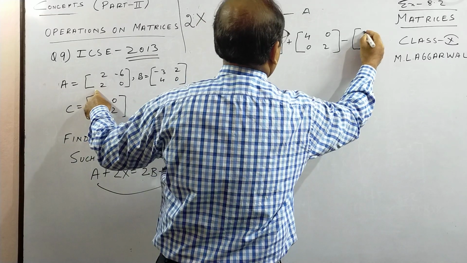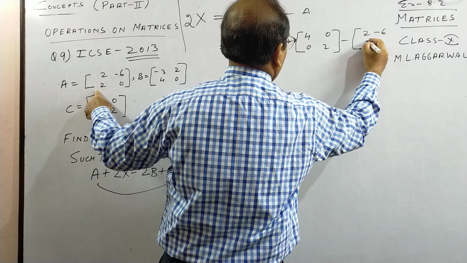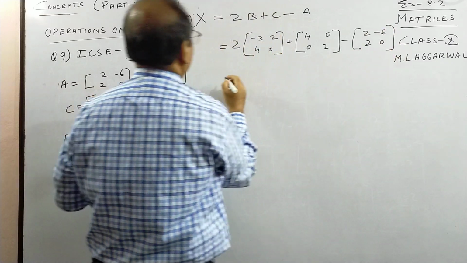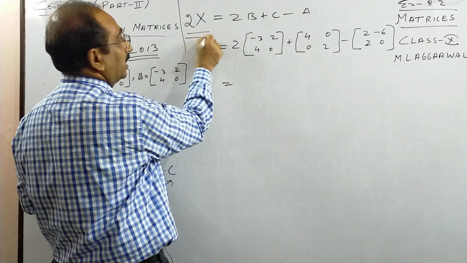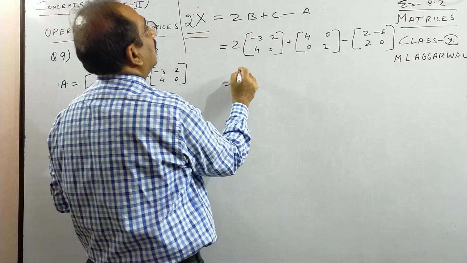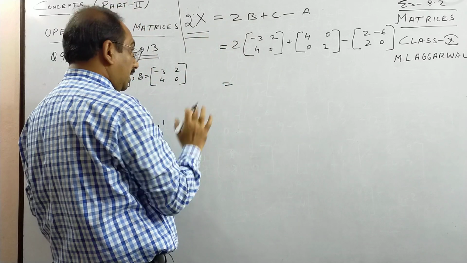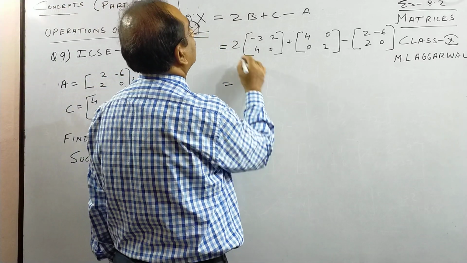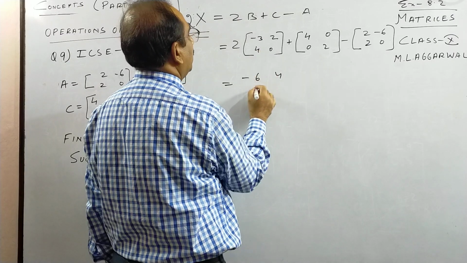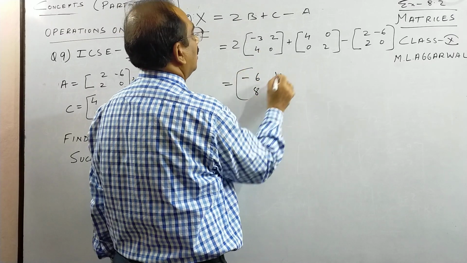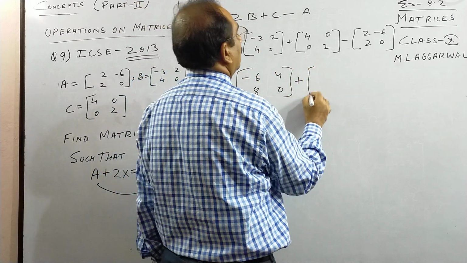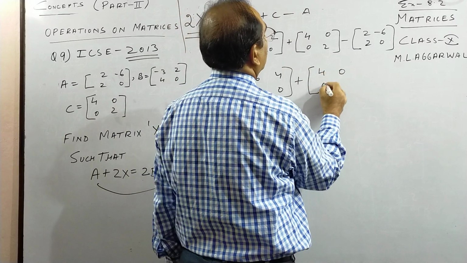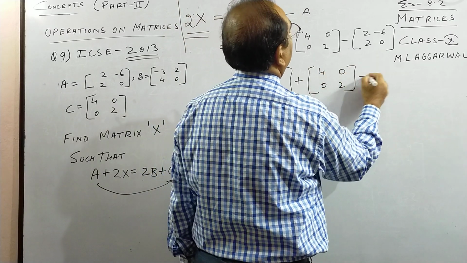So A is 2, minus 6, 2, 0. Remember this is 2x, children, not x. Twice the matrix x, x is a matrix. So minus 6, for each element I multiply, and the other two will be the same.